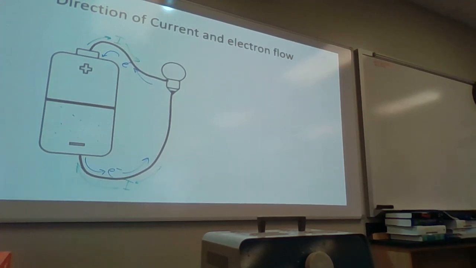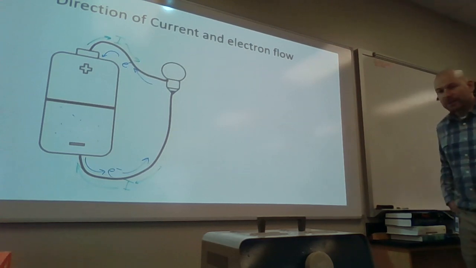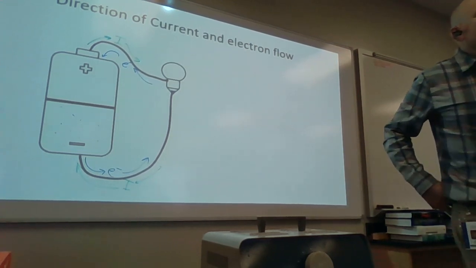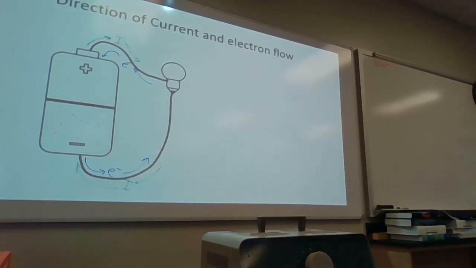Well, here's kind of the history of science. Benjamin Franklin came up with this hypothesis that said, I bet there are charged particles, super small, you can't see them, but one's positive, one's negative, and one of those flows.